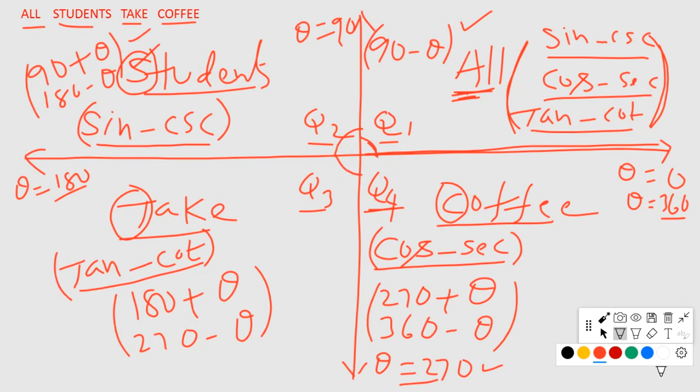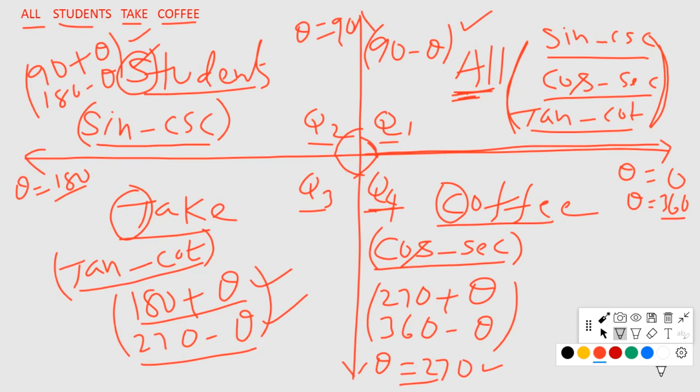In the third quadrant, the angle between 180 degrees and 270 degrees. The angle is always greater than 180 and less than 270. That means 180 plus theta and 270 minus theta. Okay. This type of angles are in the third quadrant. In the fourth quadrant, the angle between 270 and 360.